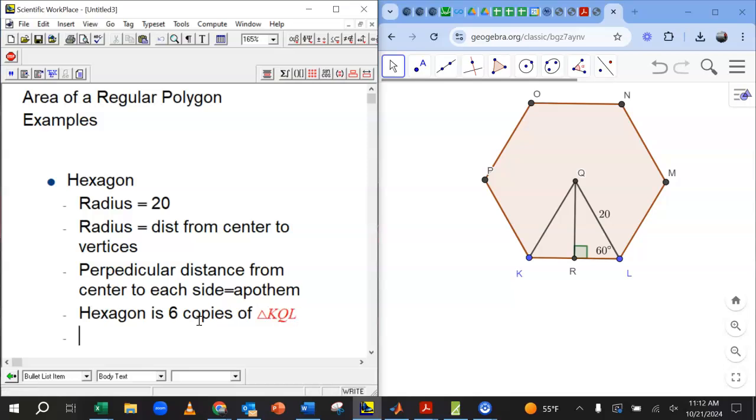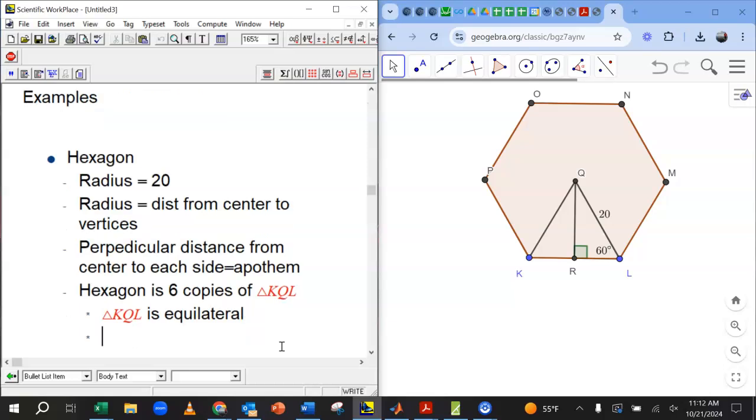And another nice thing about the hexagon is that that triangle is very, very special. If you think about what those angles have to be, we see that that is equilateral. That's very special to a hexagon. Only a hexagon has the triangle made by the center and 2 consecutive vertices being equilateral. But it's certainly nice when you have it.